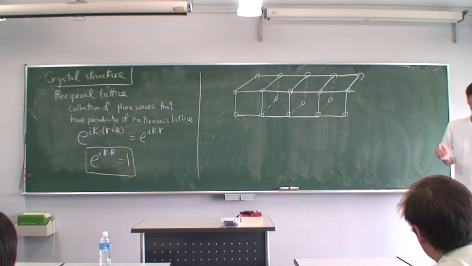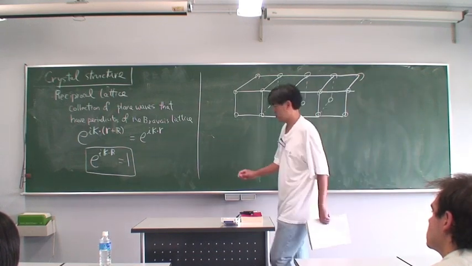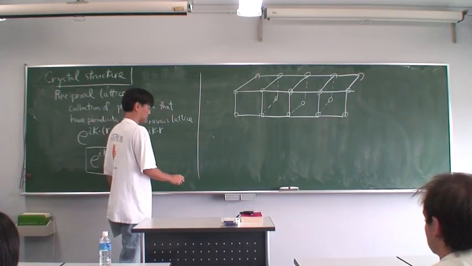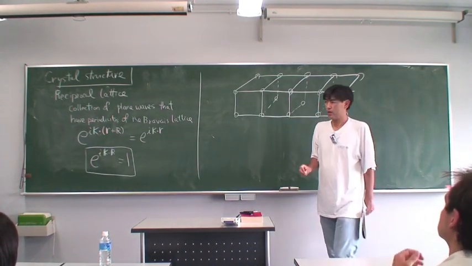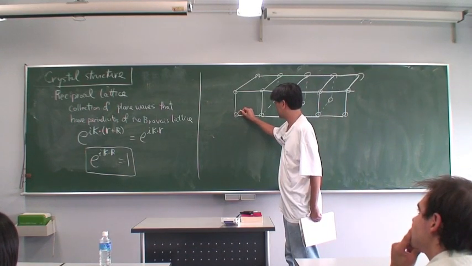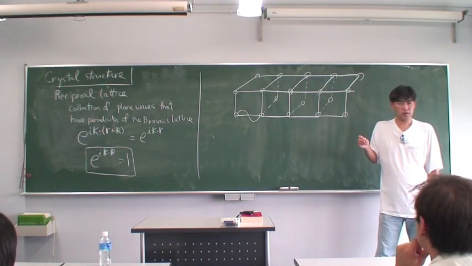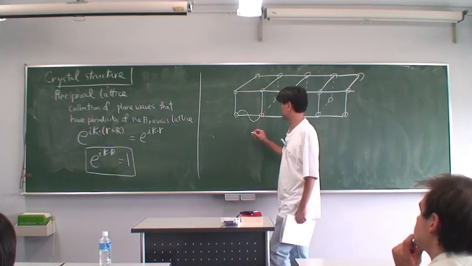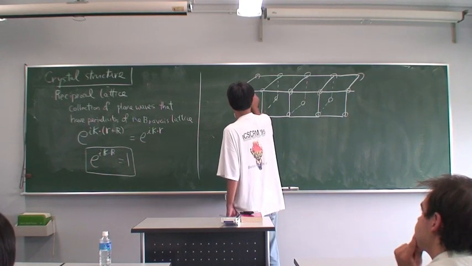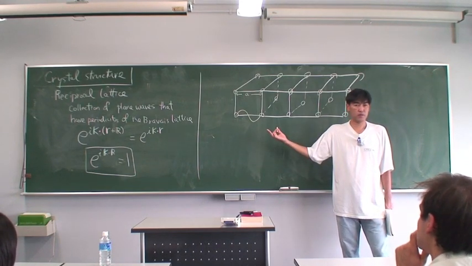Now, what is the plane wave that has the periodicity of the Bravais lattice? I will show you one example. Here is the periodicity of the Bravais lattice. I put one wave like this, a wave having the wavelength a. This is a, this is a, this is a. And this has the periodicity of the lattice, right?